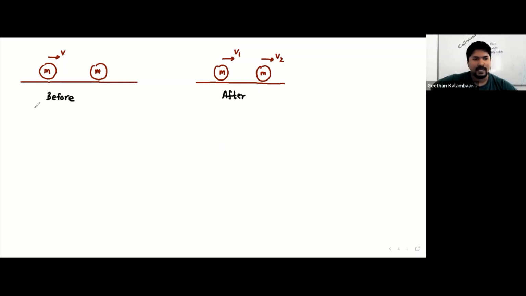So whenever you apply conservation of linear momentum, if it is not an MCQ, you always have to write applying conservation of linear momentum. I'll be writing everything in short form.